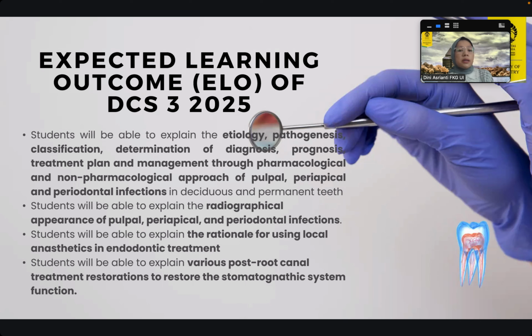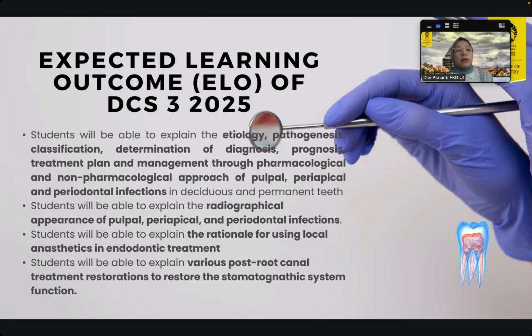So you will learn about how to determine the classification. It will be a different classification. You already learned about the ICDAS, you learned about the mount, right, for the hard tissue. But right now, you have to learn how to diagnose pulp and periradicular infection. So it will be a different classification. You will learn about that.